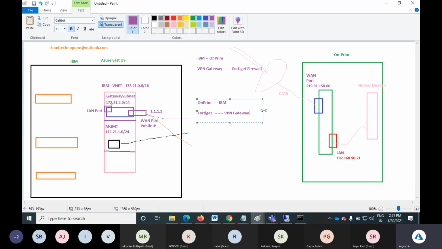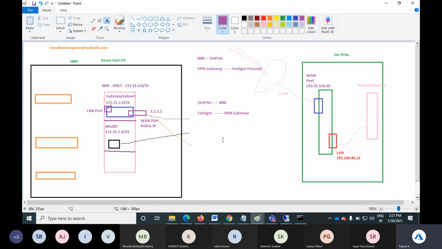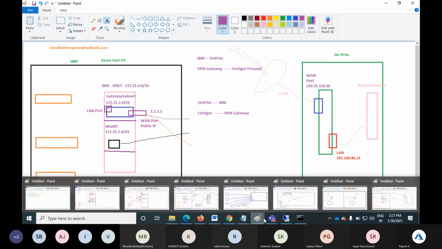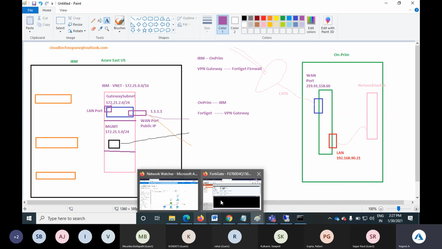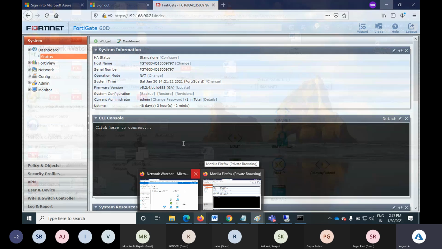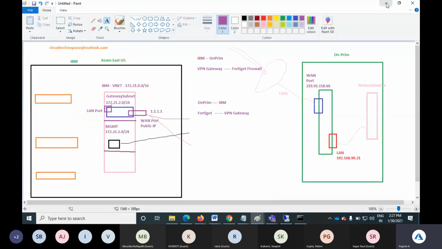We need to exchange the information between two locations with the passcode as well. Okay. Now let's go into my physical firewall first. So first we can have the connectivity between IBM to on-prem.